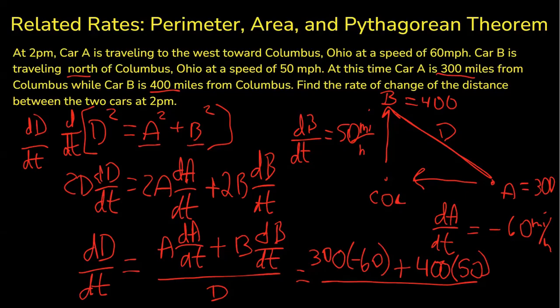This is also a 3, 4, 5 triangle multiplied by a factor of 100. So it'd be 300, 400, 500. So we're going to divide by 500 here. This comes out to 4 miles per hour. So the distance between the cars is increasing at 4 miles per hour at this moment in time.